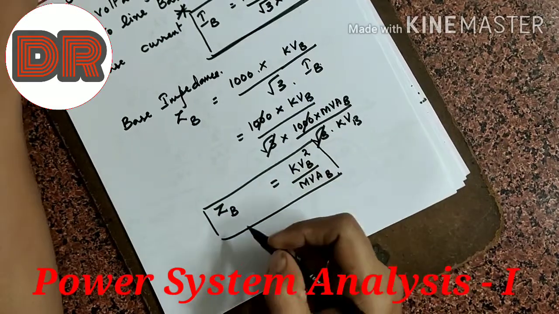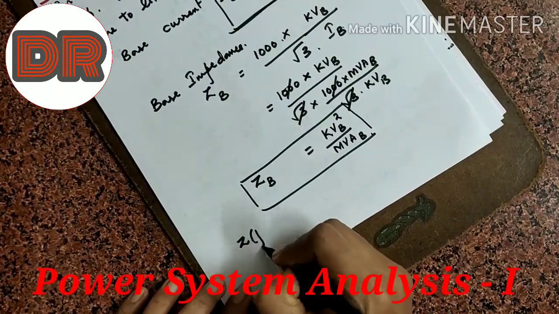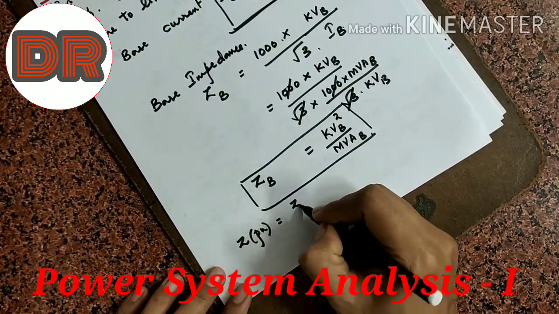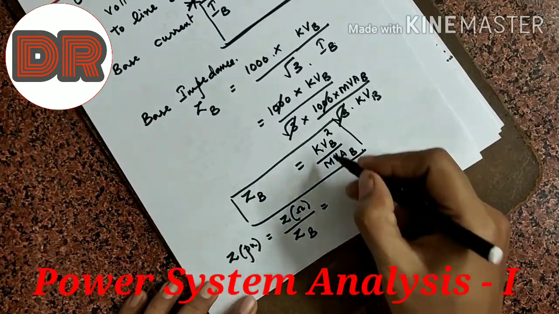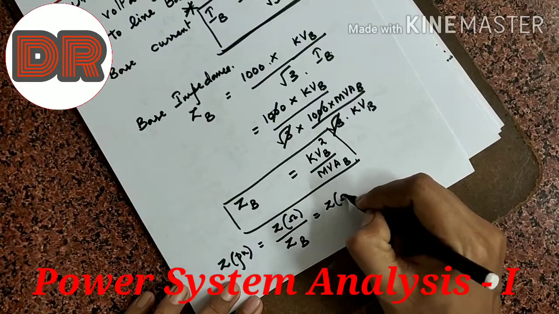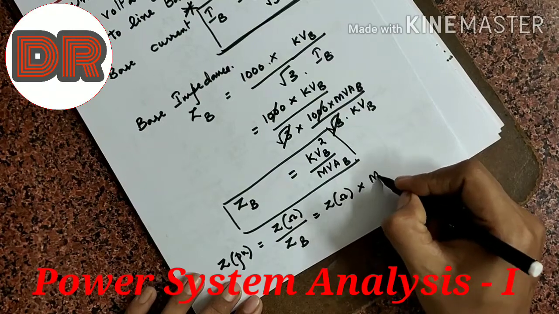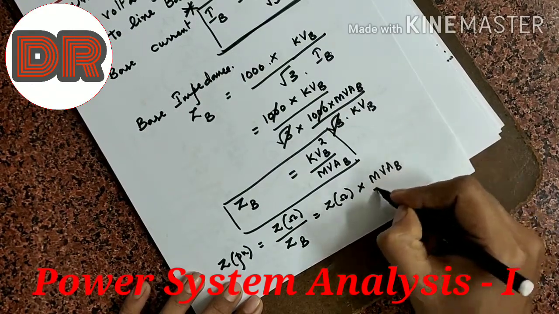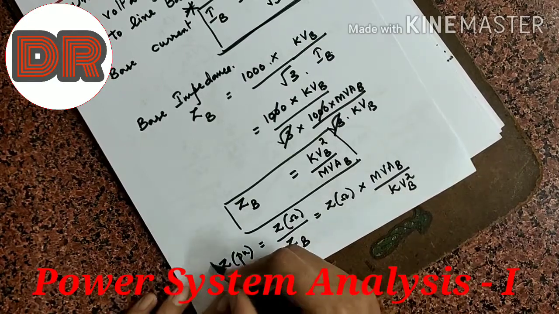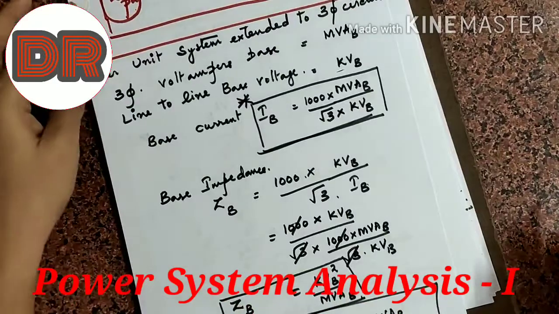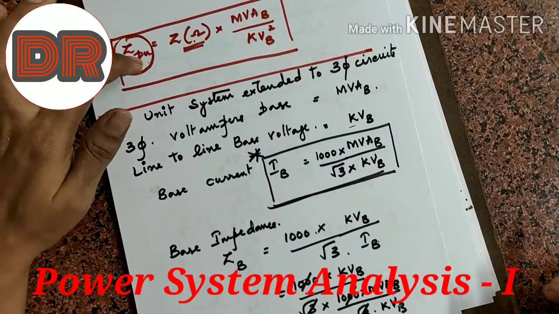Now suppose the actual impedance value is in ohm, then Z per unit can be calculated as Z in ohm, the actual value, divided by Z base. Let me substitute this. So Z in ohm divided by this term, so this goes to the numerator, so I can write MVA base divided by kV base squared. So you can see we have already written per unit impedance calculation in single phase circuit.